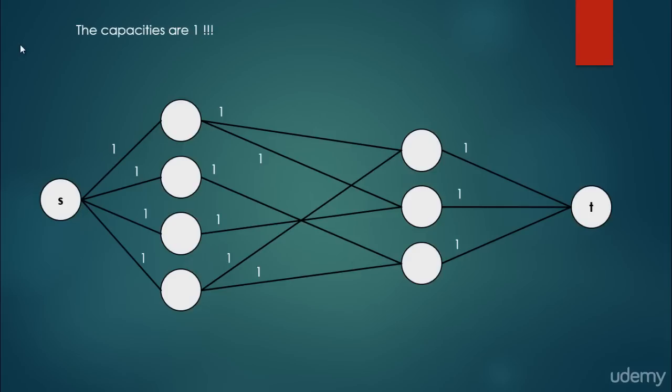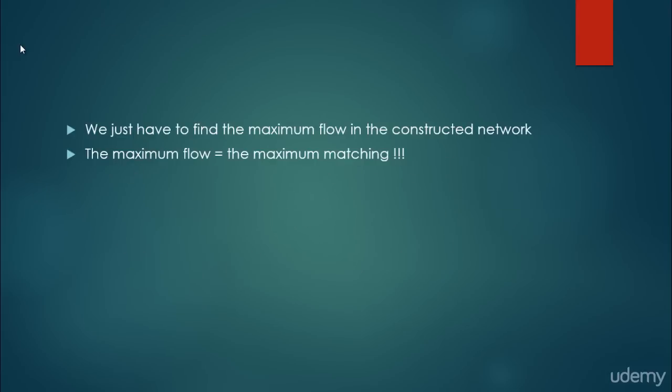And all the capacities are 1. And we have to run our Edmonds-Karp maximum flow algorithm on this constructed network, and then we get the maximum flow. So we just have to find the maximum flow in the constructed network, and the maximum flow is equal to the maximum matching. So how many people can have a job in the optimal solution.